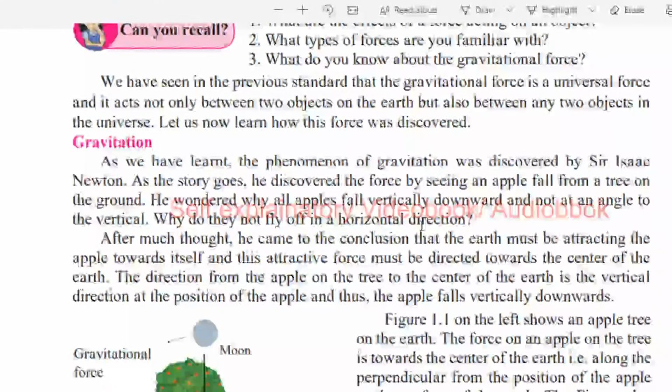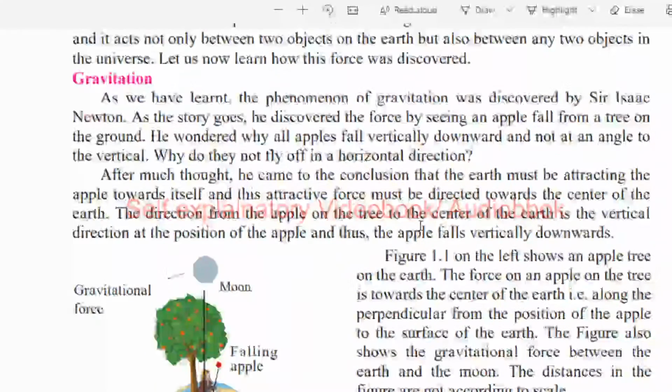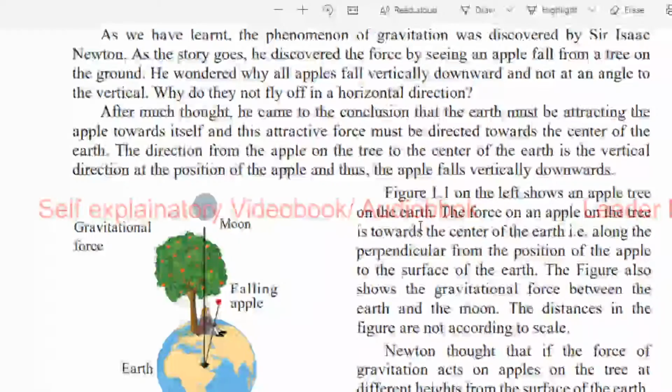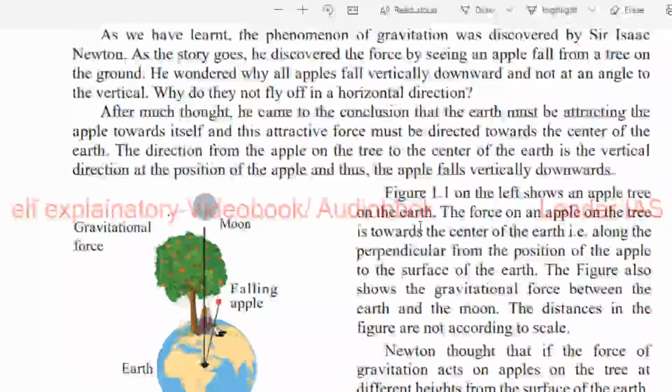Why do they fall? Why do they not fly up in a horizontal direction? After much thought, he came to the conclusion that the earth must be attracting the apple towards itself, and this attractive force must be directed towards the center of the earth.